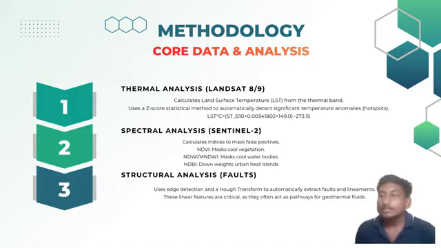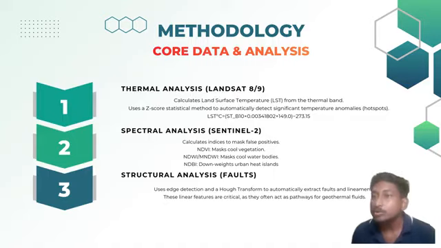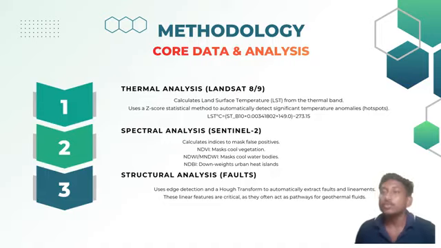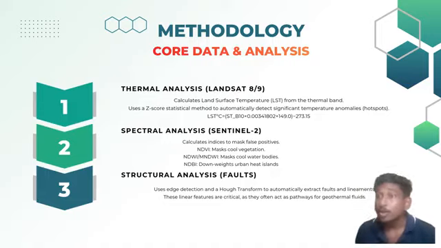The second one is spectral analysis. Raw thermal data can be misleading. A hot city roof or dark rock in the sun can look like a geothermal anomaly. To fix this, we use Sentinel-2 satellite data to calculate spectral indices that help us mask these false positives.